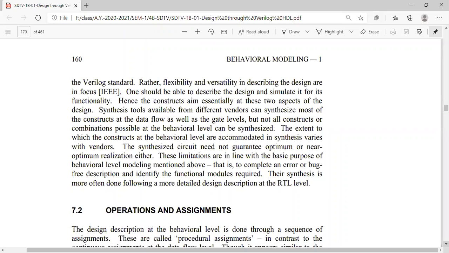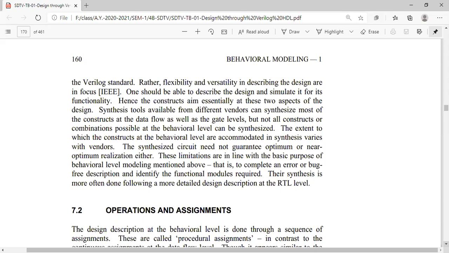If the code is synthesized once, it is ready for implementation on the FPGA. The code whatever you write, it is possible to simulate and verify the functionality, but sometimes it may not be possible to synthesize it.